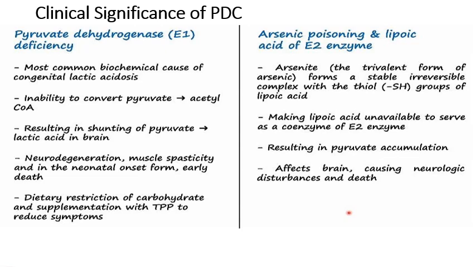Like we have already said, once pyruvate accumulates in the brain, the best available option for the body is to convert it to lactic acid. And we know that there are a lot of brain issues, neurological conditions, and even death could occur.